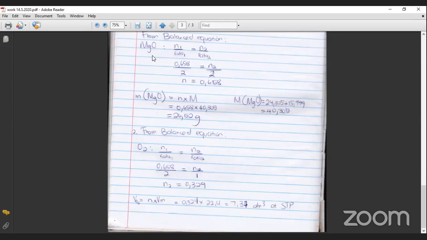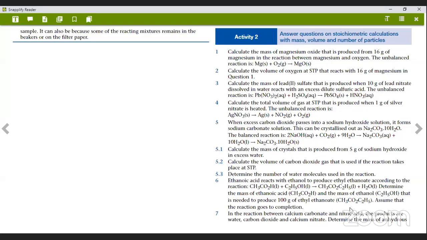Let me see which ones we can do for tomorrow. Let's do number 3, number 5, and number 7. We can do them tomorrow when we start our program.